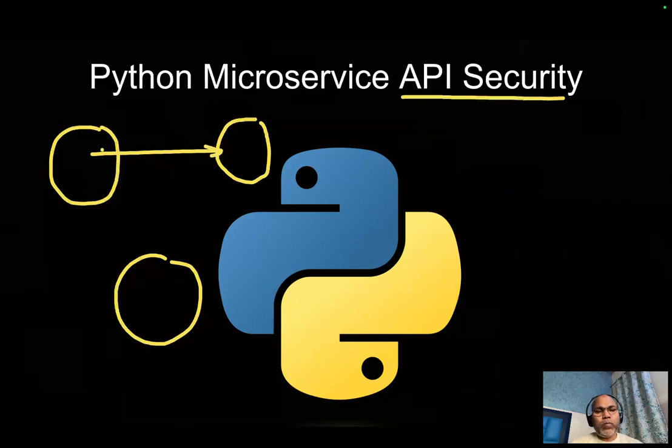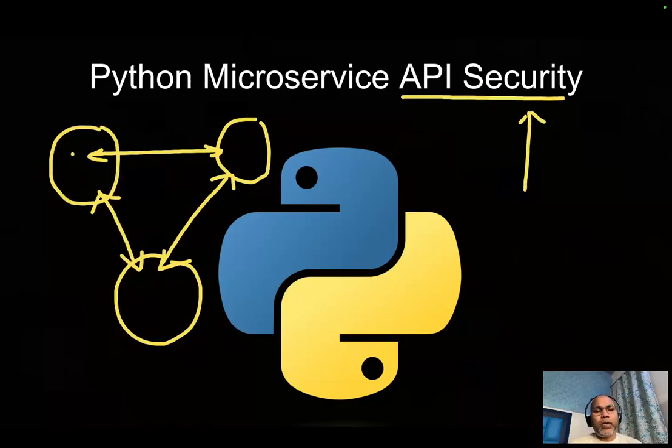Generally, we use REST APIs for communication between the microservices. That's great, we know how to build APIs in Python. So today our objective is, for the APIs we build, how we integrate the security part.